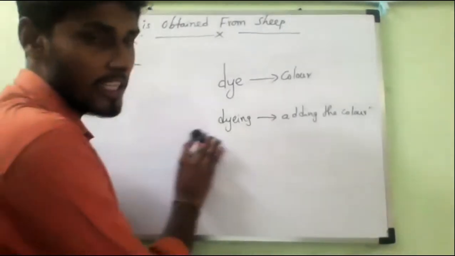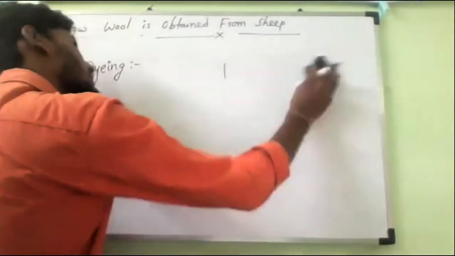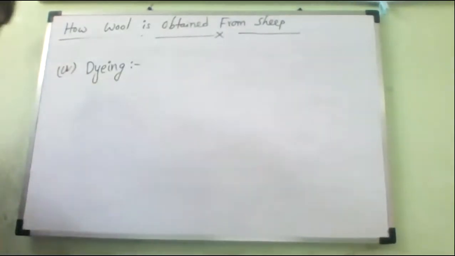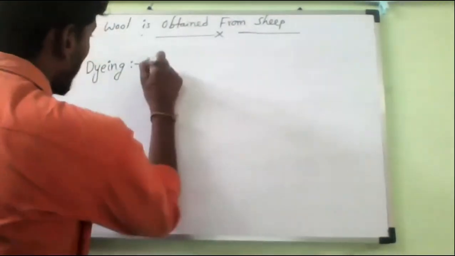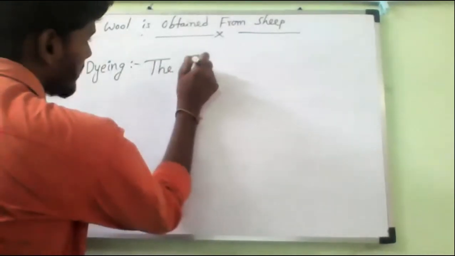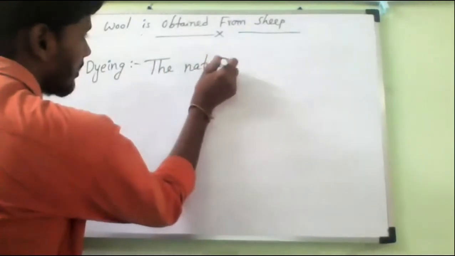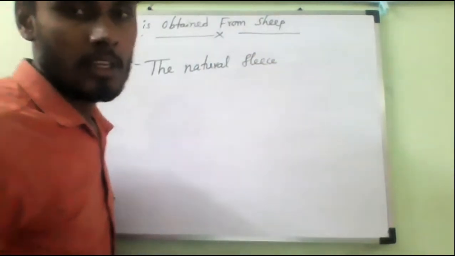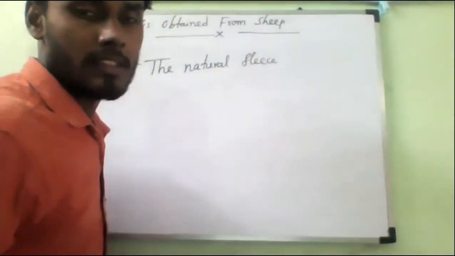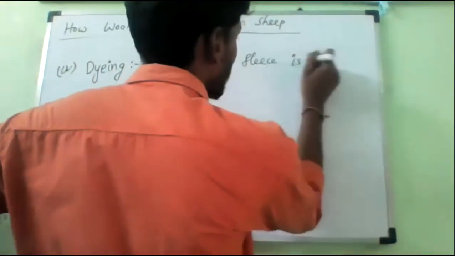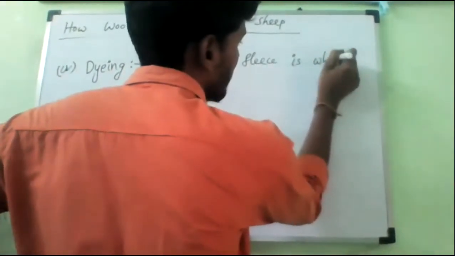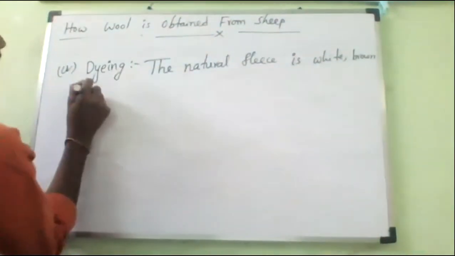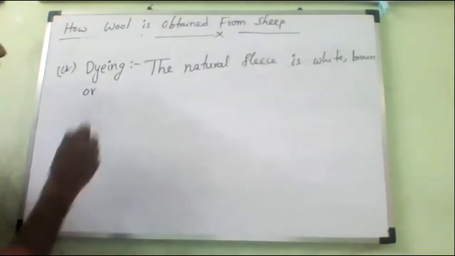The natural fleece is white, brown, or black in color.